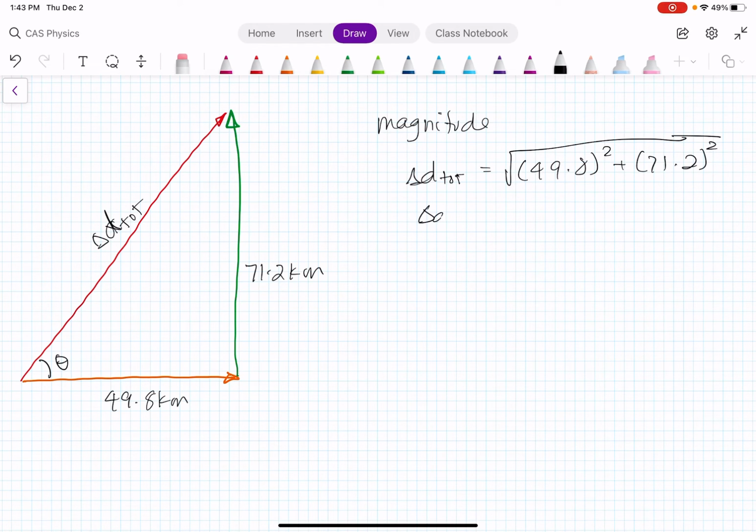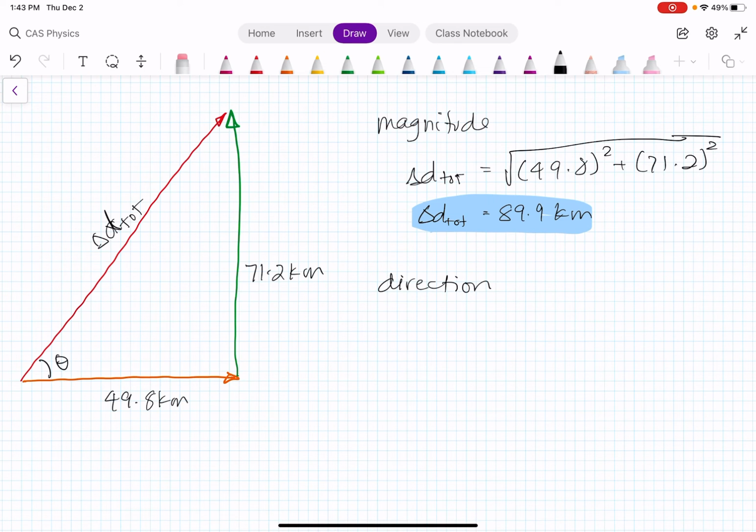And when you solve this, you end up with 86.9 kilometers. So that's part of what our answer needs to be. Because we want to know the displacement, but we also need to know direction. So we need to calculate the direction.